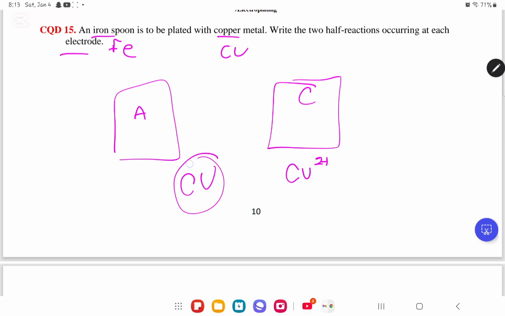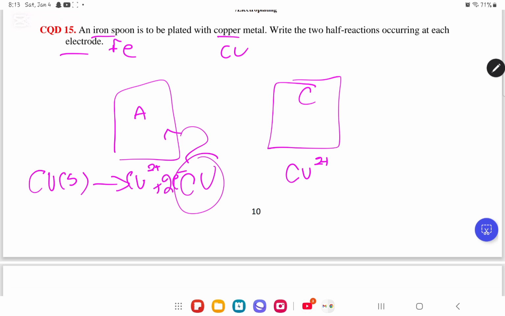The Cu is going to go to the anode, so it can give an electron. So the Cu will go to the anode, and then the equation becomes Cu solid will become Cu2+, in addition to 2 electrons.